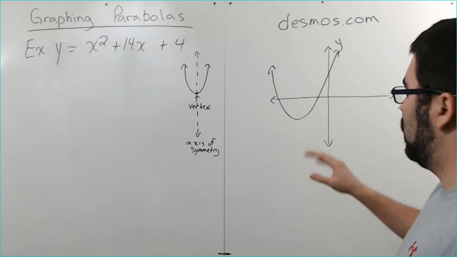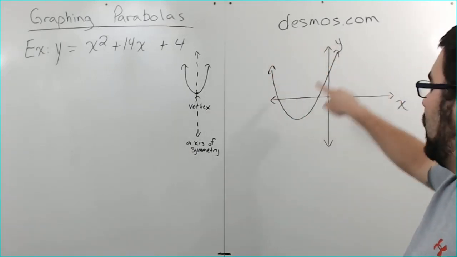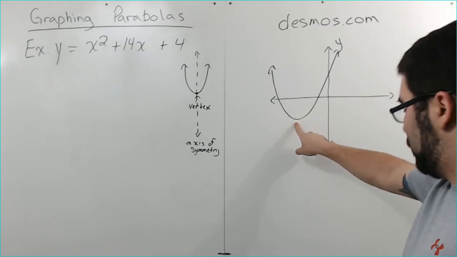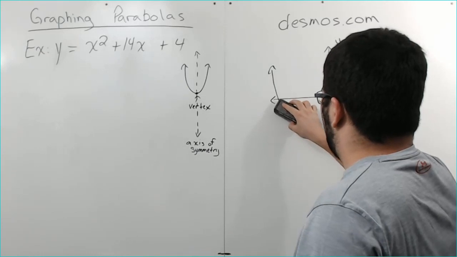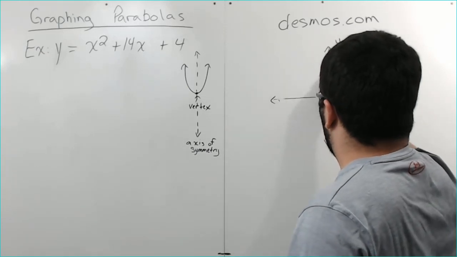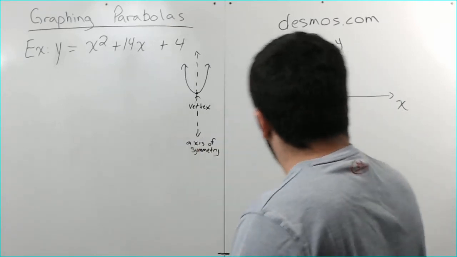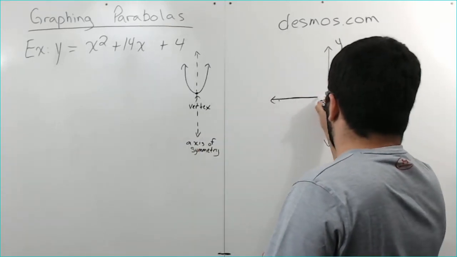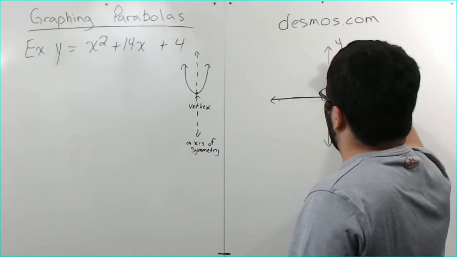So in other words, let's say I wanted to graph this parabola. I don't want to start over here on the right side. I want to start right in the middle. Okay, so how do I do that?